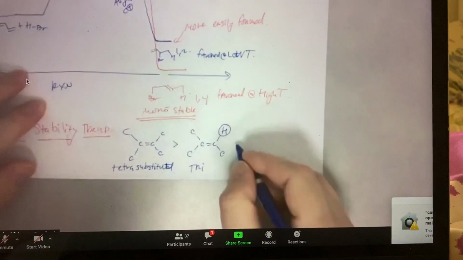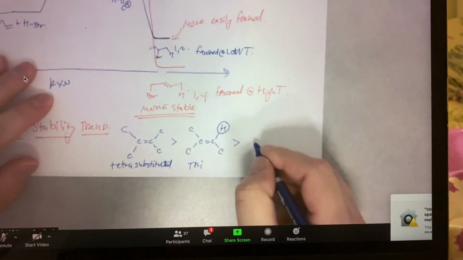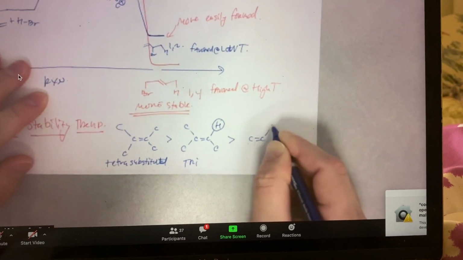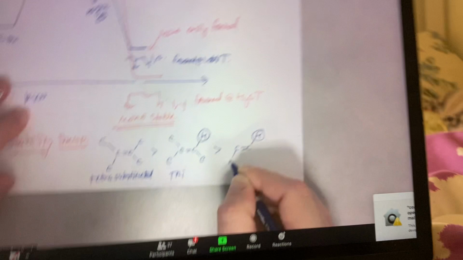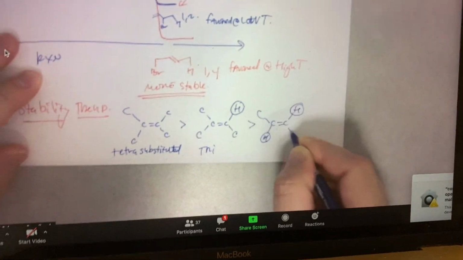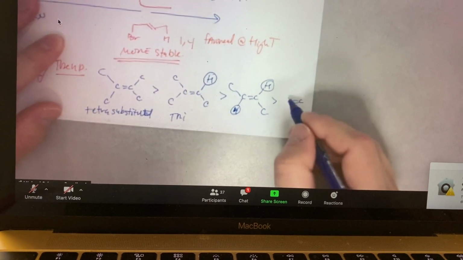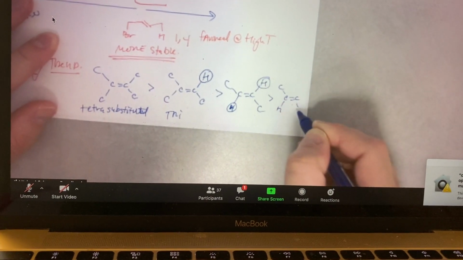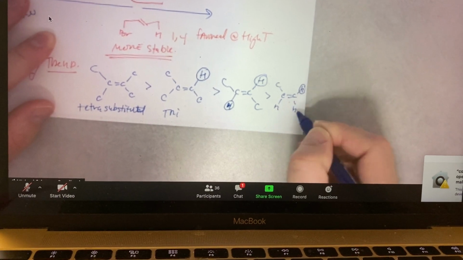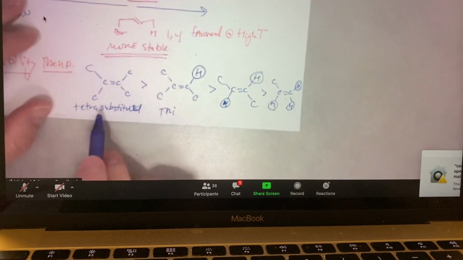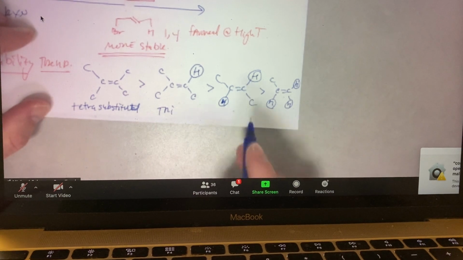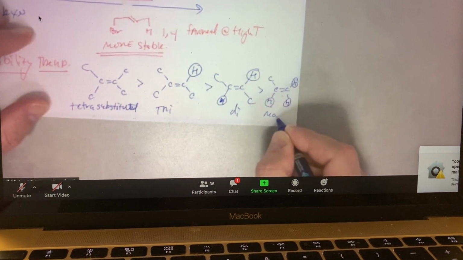That's more stable thermodynamically than a di-substituted alkene. I'll draw a trans one for our lecture today. And that's more stable than a mono-substituted alkene, etc. So this is tetrasubstituted, tri-substituted, di-substituted, and mono-substituted.